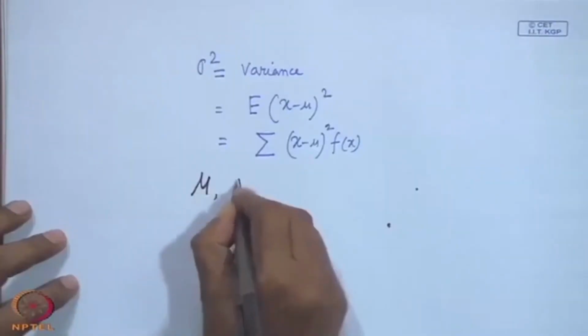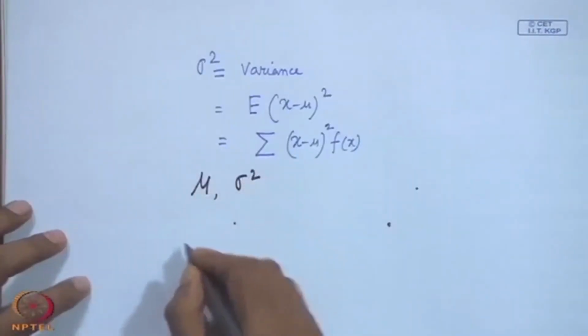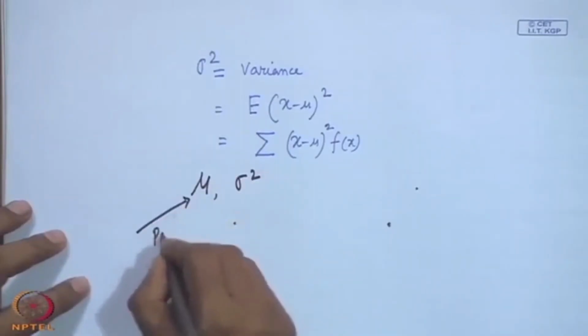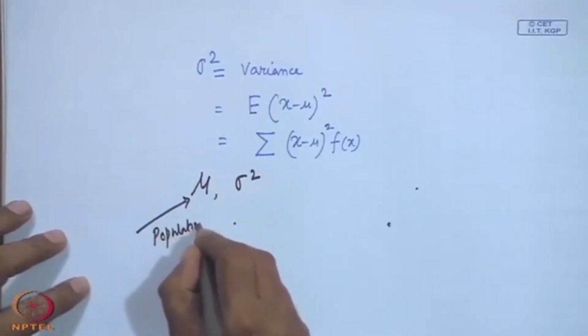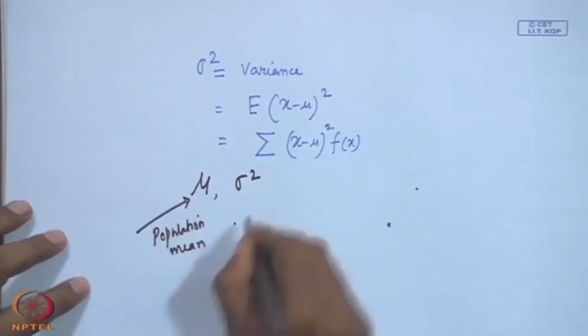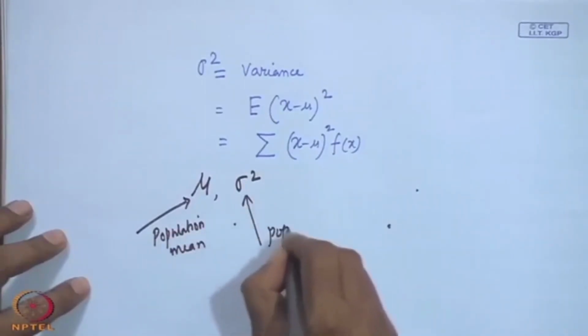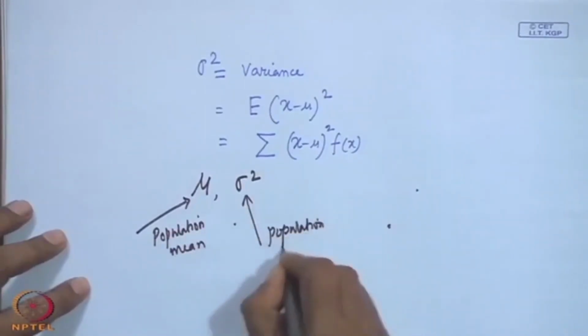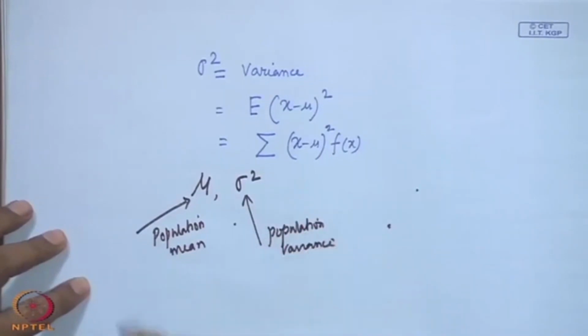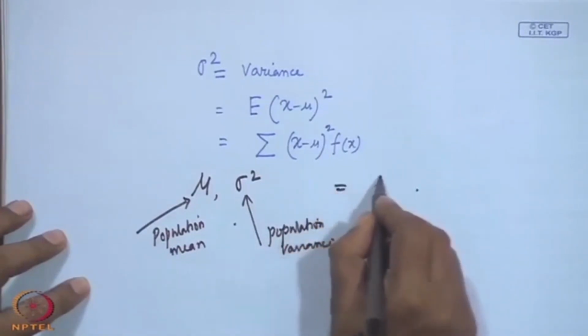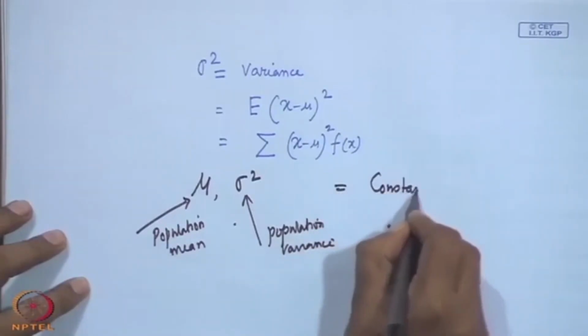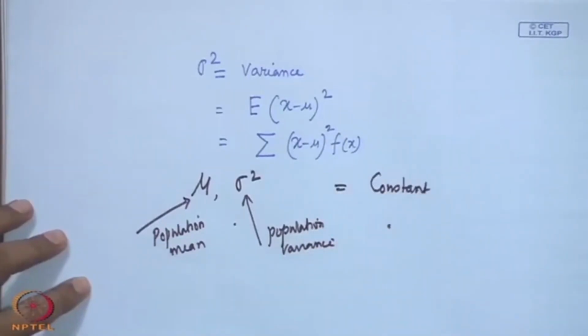When you talk about a parameter, these mu and sigma square are, in statistics, the population mean and population variance. They are constant. Another issue is that they are not known.